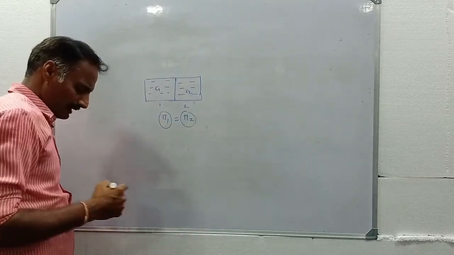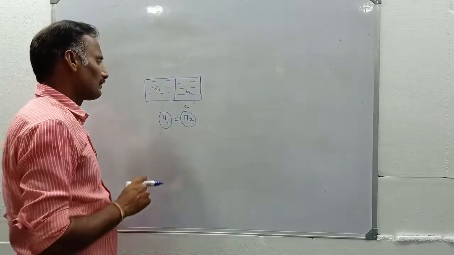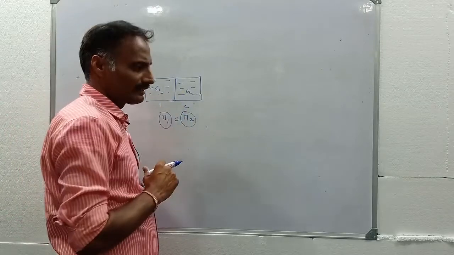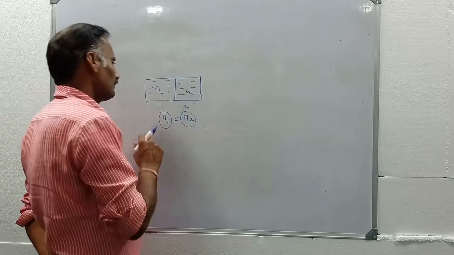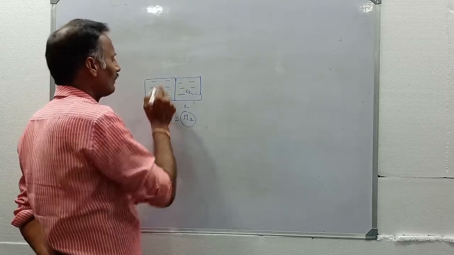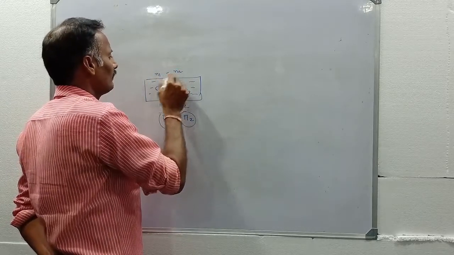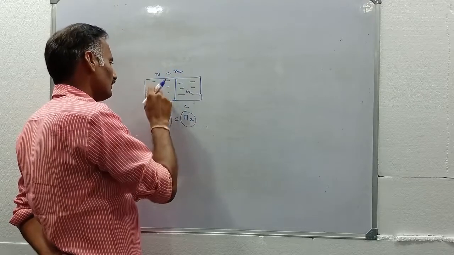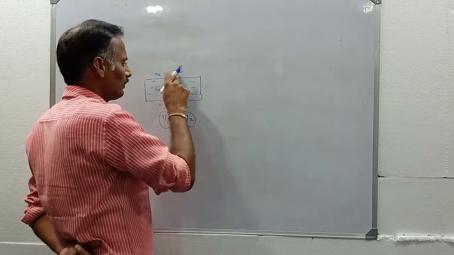Since osmotic pressure is a colligative property, it depends upon the concentration of the solution, that is, the number of solute particles. So pi 1 equals pi 2 when C1 equals C2, or when n1 equals n2, the number of moles of solute in compartment 1 and compartment 2.